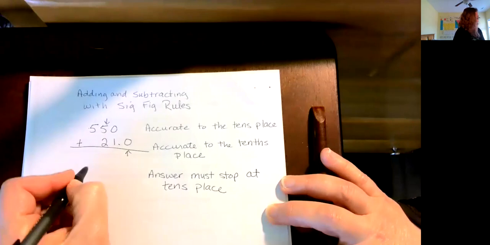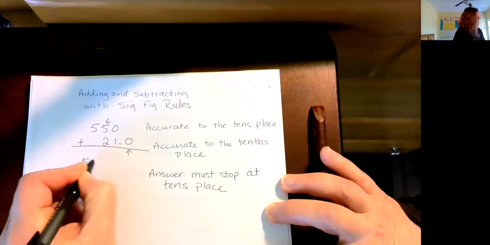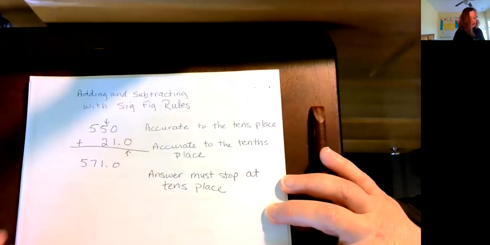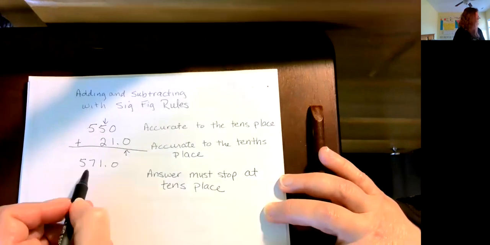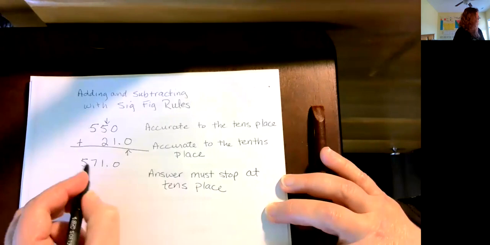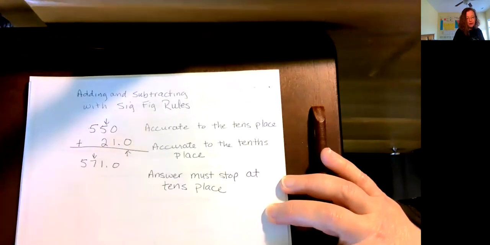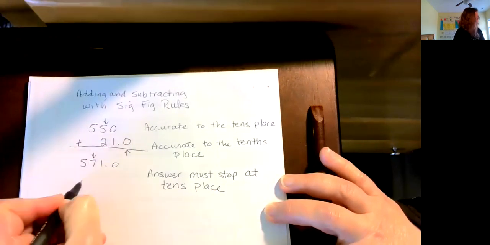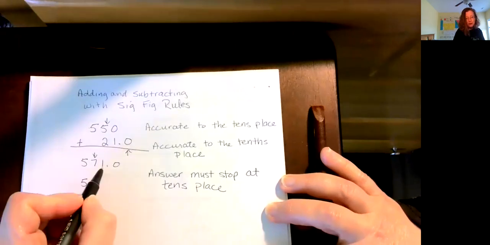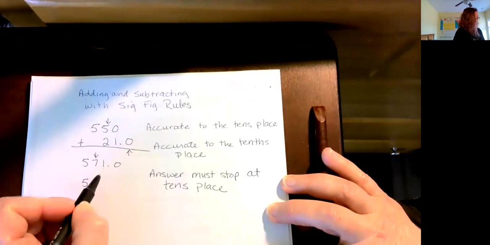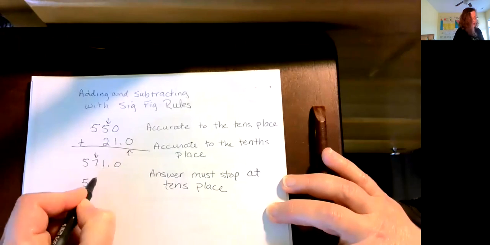This is what my calculator would put out. And now we're going to stop at the tens place. I'll start with the 7 and the digit right next door. It's less than 5, so we're going to keep it as 7.